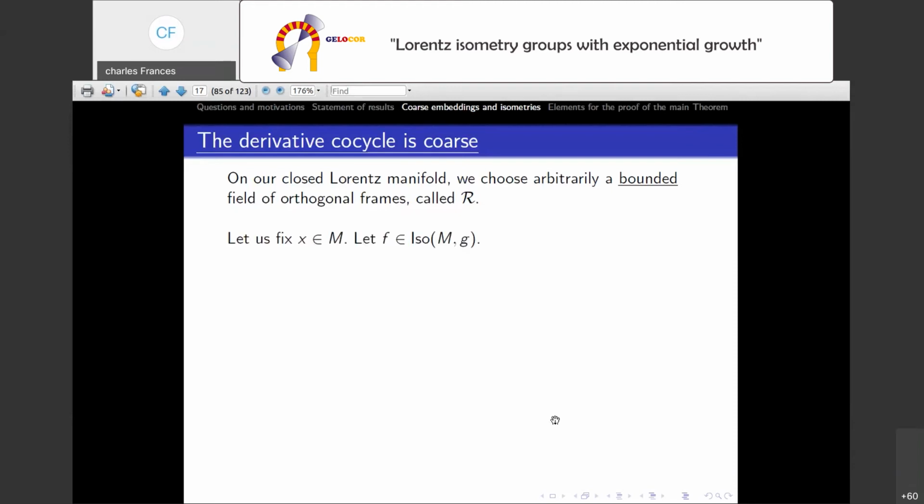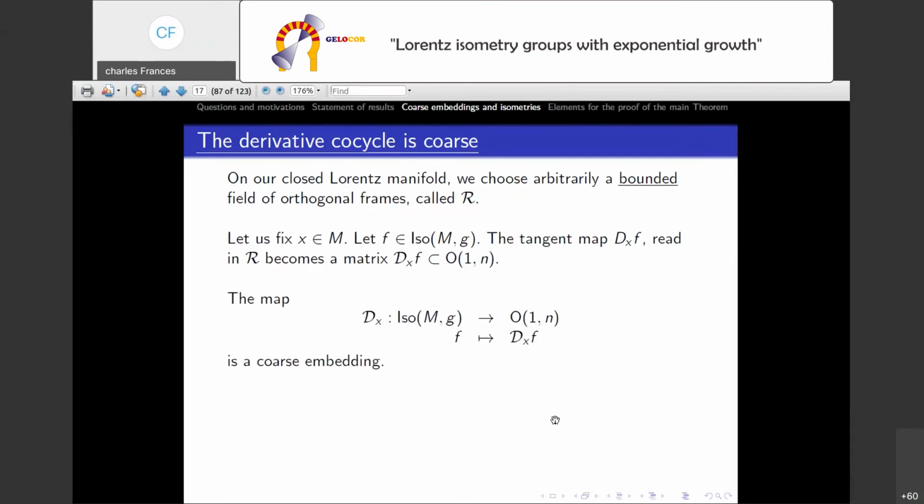Now we fix some point x in M, and we take some isometry f of M, and the tangent map d_x f can be read in the different frames, and it yields a matrix inside the group O(1,n) this way. So you get a map from the isometry group of M to the group O(1,n). And the claim is that it is a coarse embedding. That's a remark of Gromov. So what's the proof? Let's take two sequences, f_k and g_k, in the isometry group.